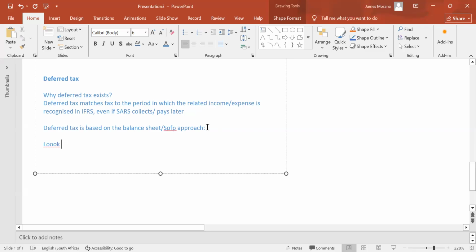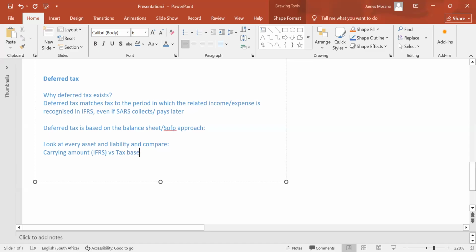So what we are going to do is that we are going to look at every asset and liability, and compare. So what you're going to compare is the carrying amount. So carrying amount is IFRS, like you are using accounting, right? Your carrying amount in terms of IFRS versus your tax base. So this would be your tax value.